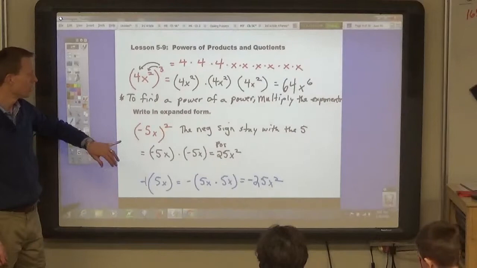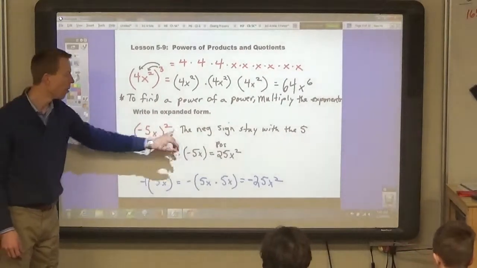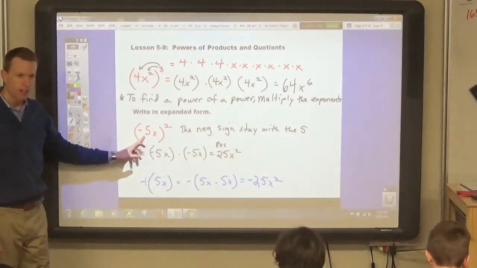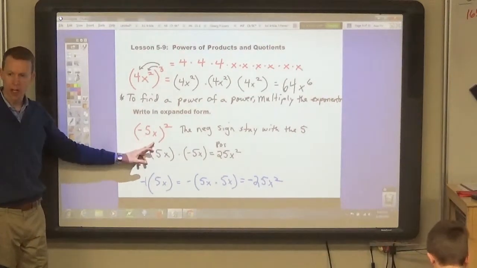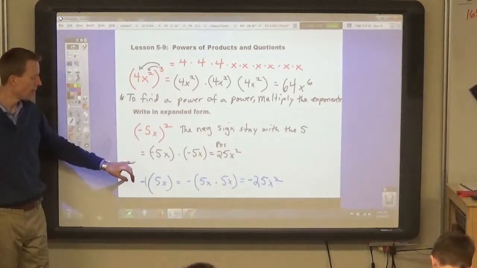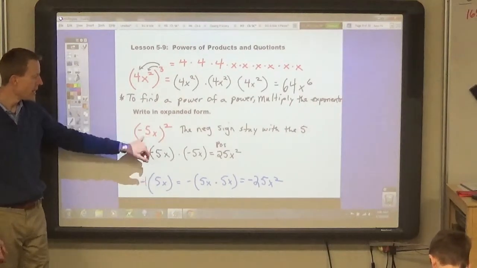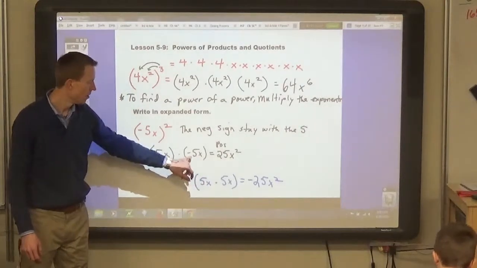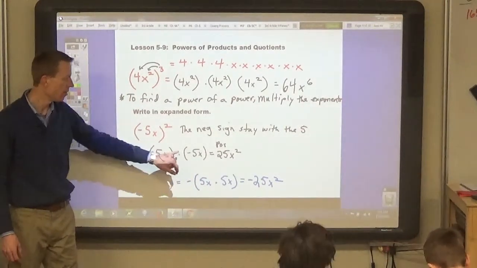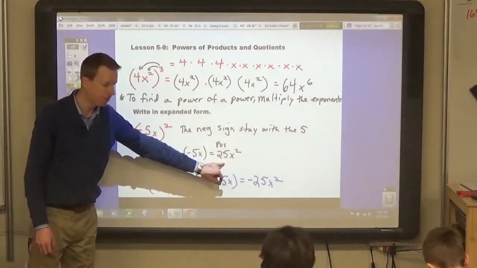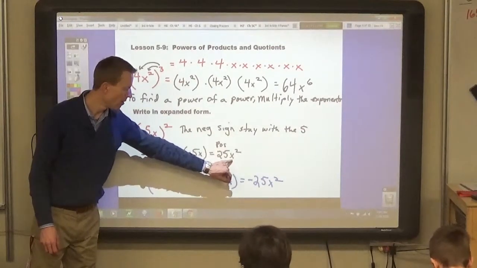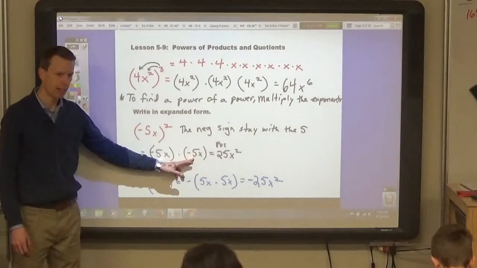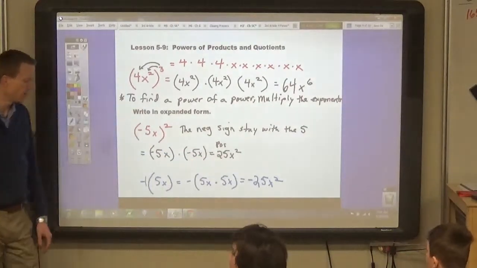Okay? Now, remember, when it's in parentheses, the negative sign stays with the number. Okay? So, negative 5x squared is positive 25x to the second power, because negative 5 times negative 5 is positive 25.